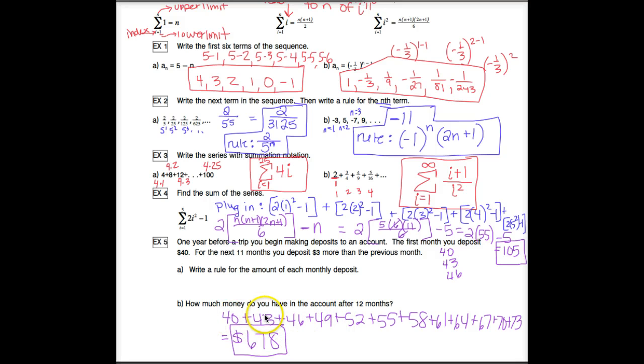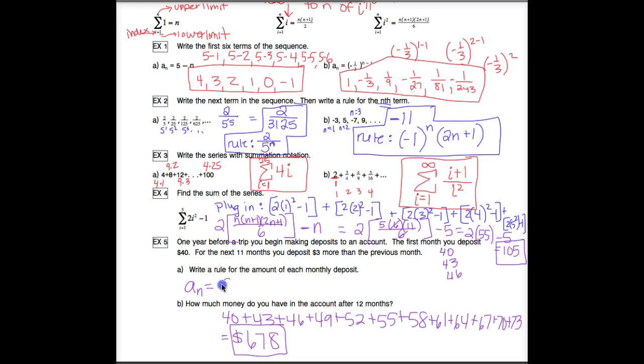So from the 40, I added 3, I added 6, I added 9, and so on and so forth. So the way I wrote this is from i equals 1 to 12. But you might write it from 0. And if that's the case, that's fine with me. So you can write your rule like this.